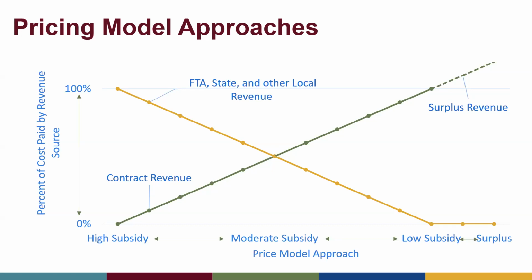How that surplus money gets used is something we talk a little bit about in the manual. But in a nutshell, we're not recommending that you charge more than it costs. We recommend that you charge as much as it costs, but there might be cases where you have surplus revenue, and we walk through how to deal with that.